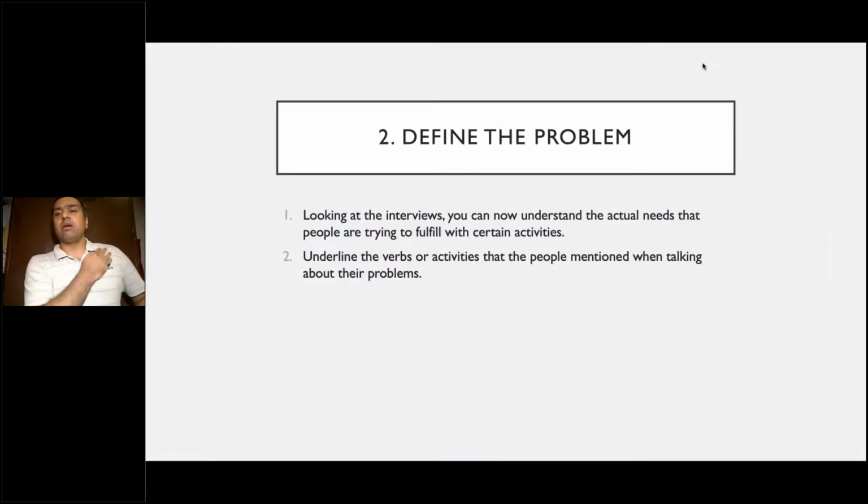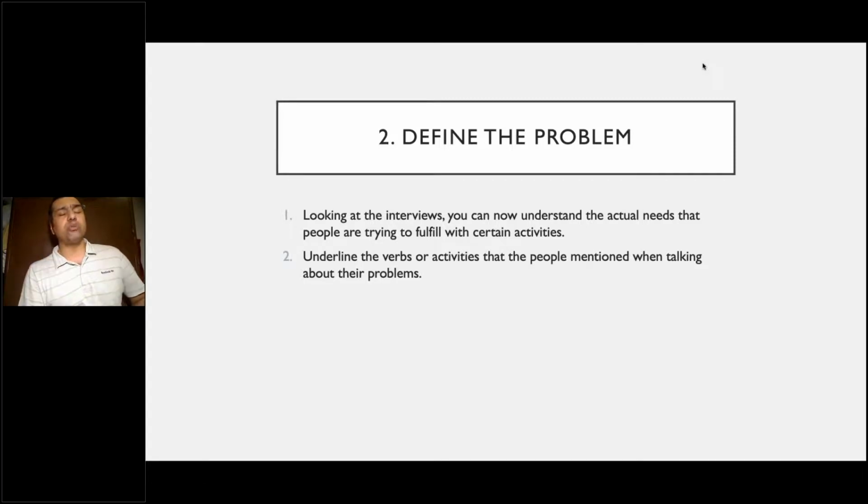Next step is, define the problem. How do you define the problem? You look at the interviews, you understand what the actual needs are that people are trying to fulfill with certain activities. When you're interviewing, take as many notes as possible.